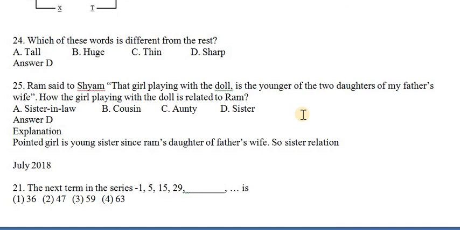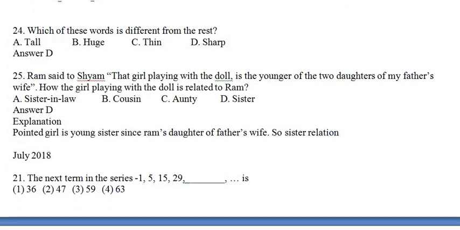So she has 2 daughters, which means among these 2 daughters, the one Ram is pointing to is actually the younger. So now Ram is related to that girl as nothing but sister. For Ram, that girl is nothing but sister.